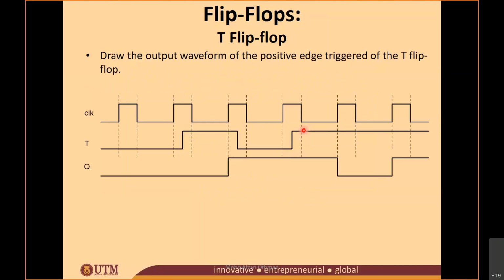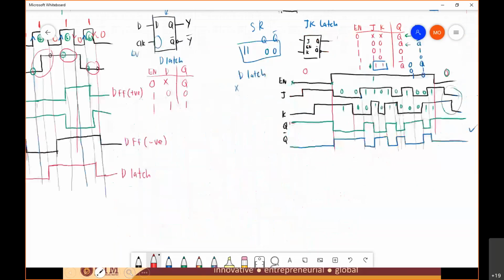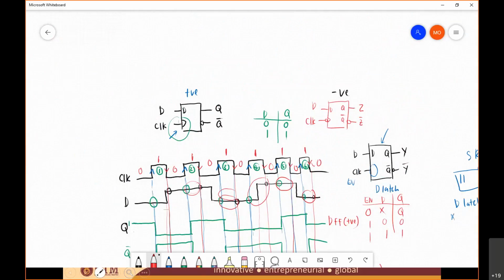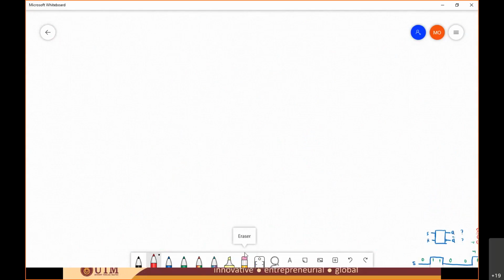Okay, so let's look at another example. I draw it here. Okay, so this is your T flip-flop.